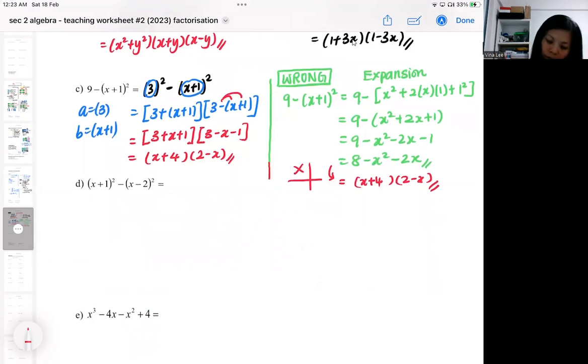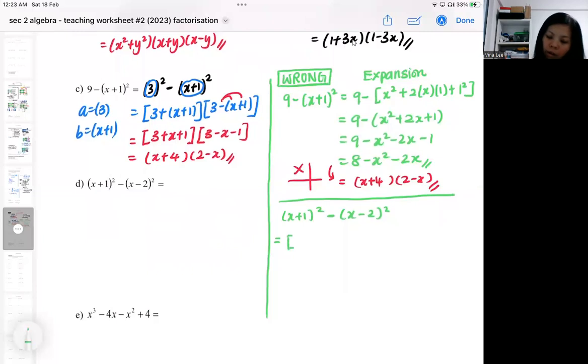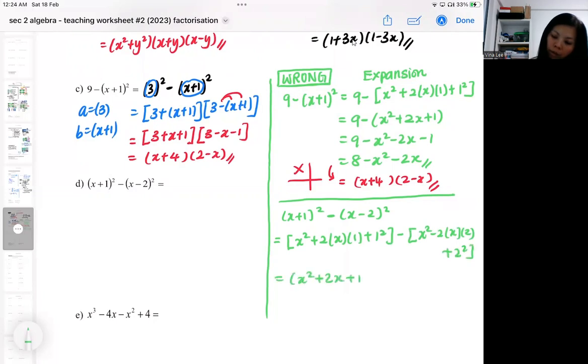A lot of students, those who never read the instruction, just do it blindly. Some students will just expand out. When a student sees this and doesn't look at the instruction, they will go and do the formula. So the student is actually doing an expansion. I won't work it out for you.